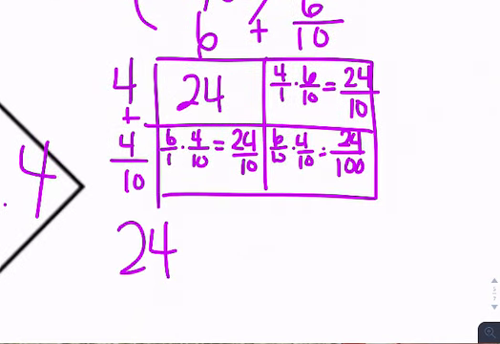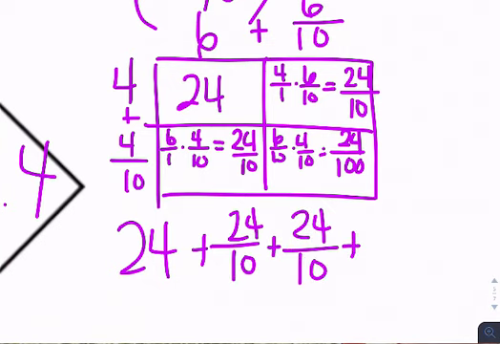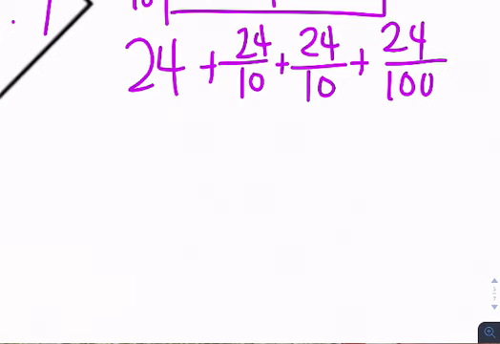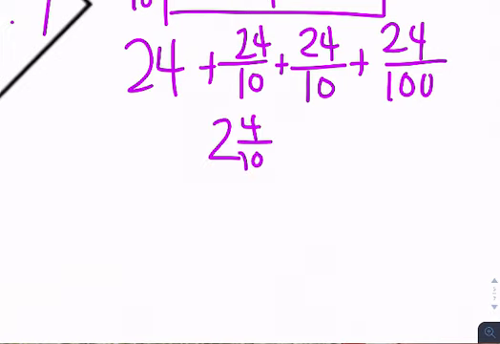So I have 24 plus 24/10 plus 24/10 plus 24/100ths. You have to think about the way that makes the most sense to you. So I know that 24/10 is really 2 4/10.